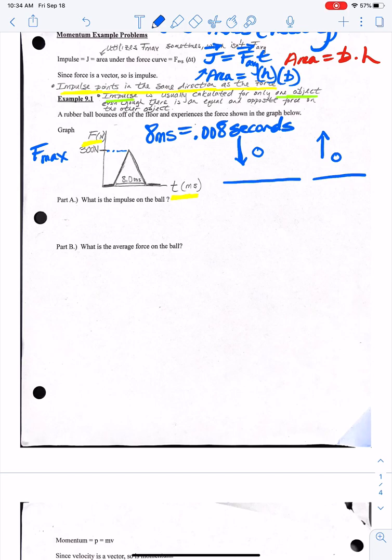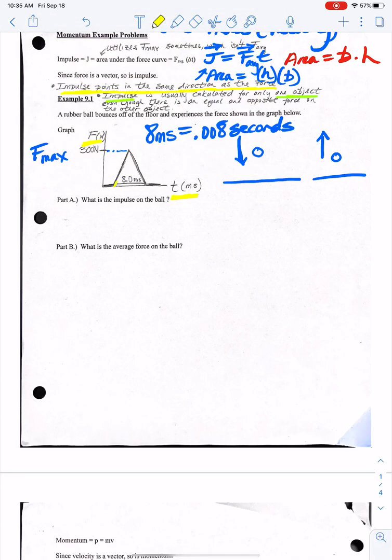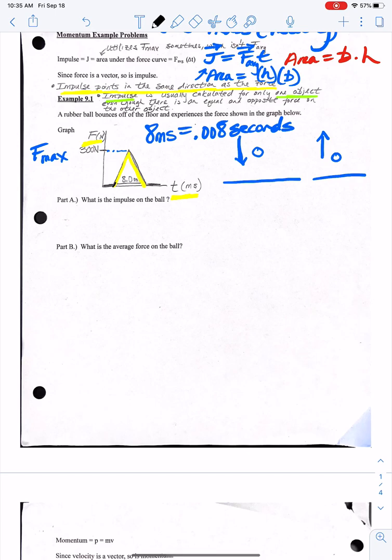The object wouldn't experience the same force the entire time, as the ball starts to compress and then decompress, and you see a changing force value. So that's what we have with this curve. This triangular curve is a force that is changing over time.